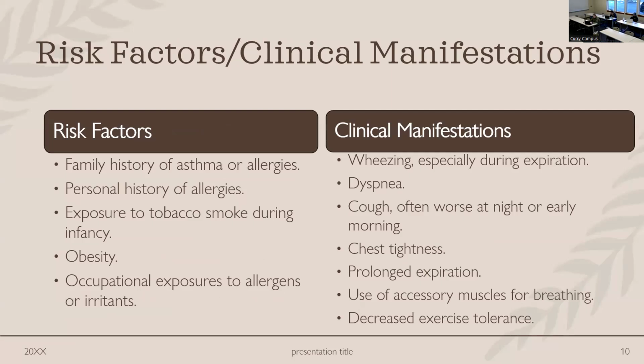Some of the manifestations, signs and symptoms: wheezing, especially on exertion; dyspnea, breathing fast or not breathing effectively; cough, especially worse at night or early in the morning; chest tightness; prolonged expiration; use of accessory muscles like the abdomen or the sides; nasal flaring; decreased exercise tolerance.